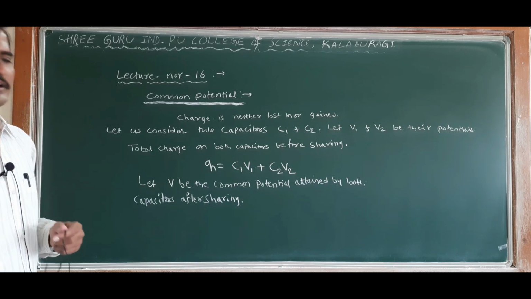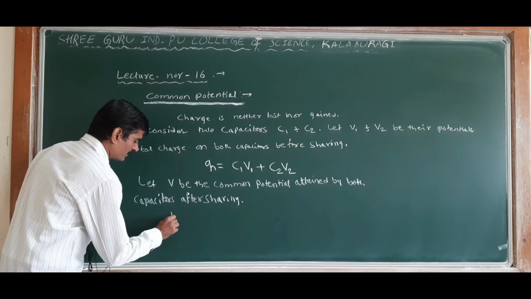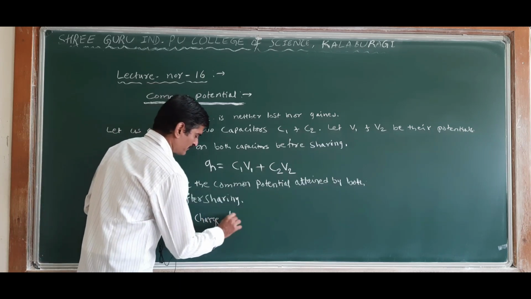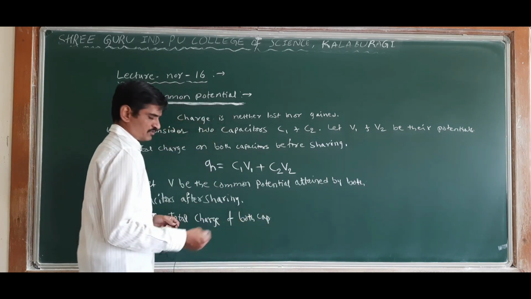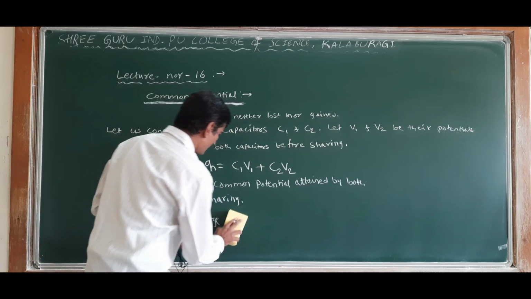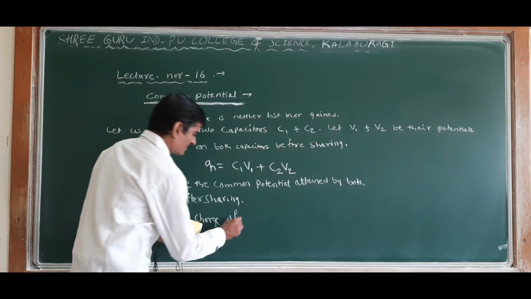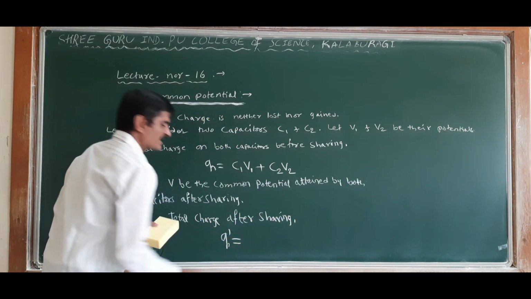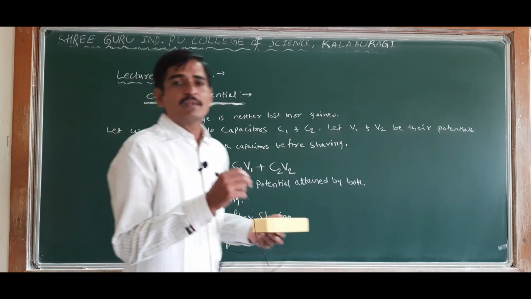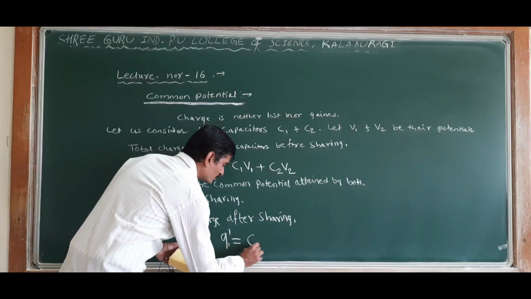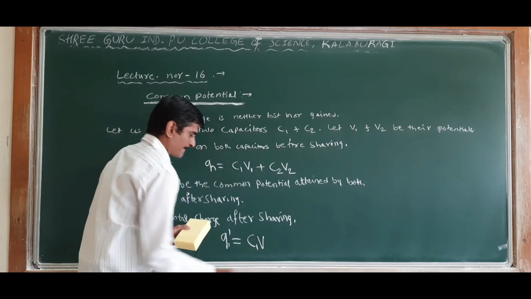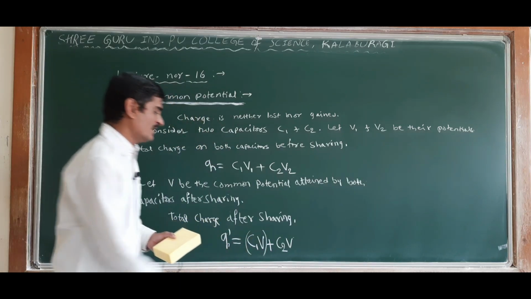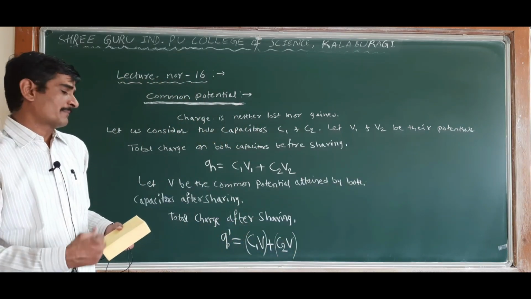Then the total charge of both capacitors after sharing, that is Q dash, is equal to, after sharing the charge they attain the common potential V, so C1 into V plus C2 into V. C1 V is the charge on the first capacitor after sharing, and C2 V is the charge on the second capacitor after sharing.